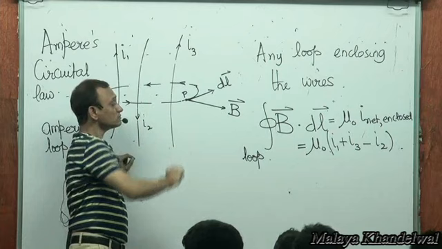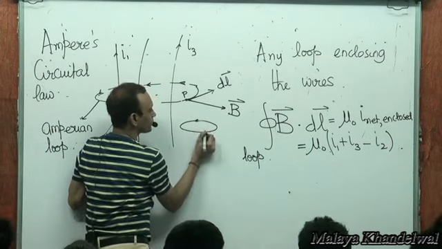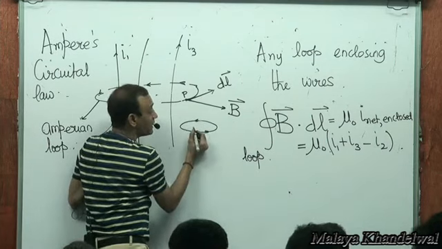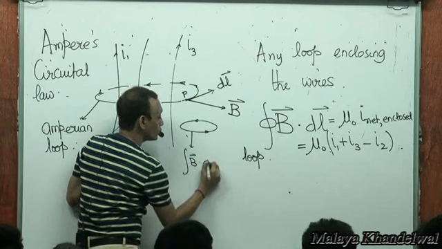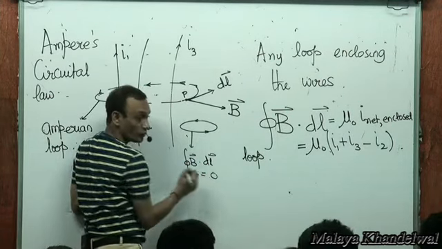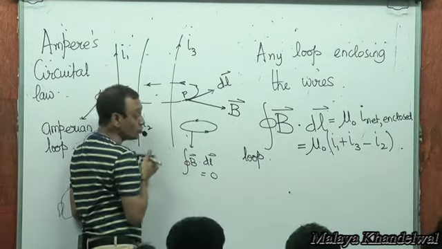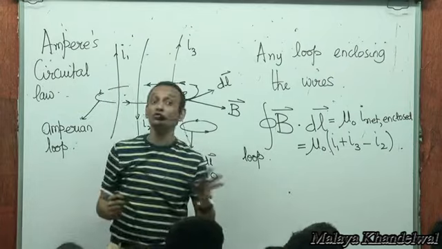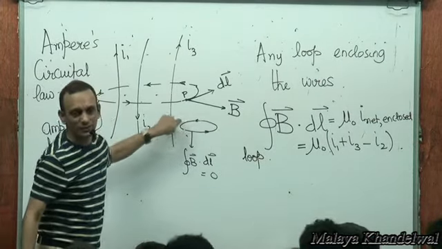Right? If I had selected a loop here, then integral B dot dl for this loop would have been 0 because there is no current enclosed. All the current carrying wires are outside this loop. Now, integral B dot dl equal to 0 doesn't mean that B is 0. Doesn't mean that the B at these points will be 0.